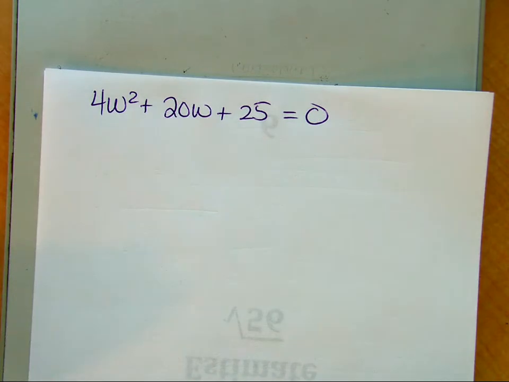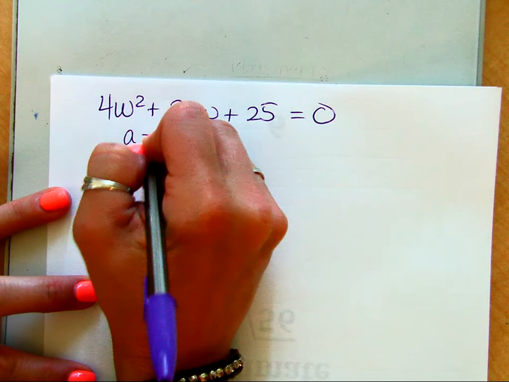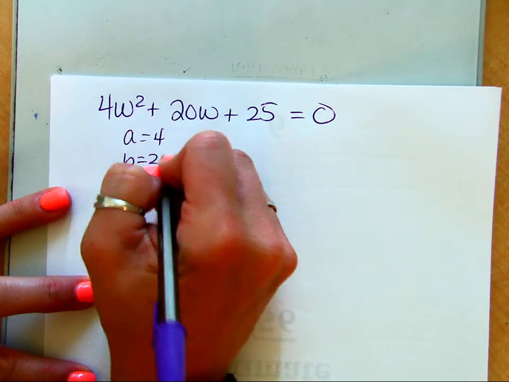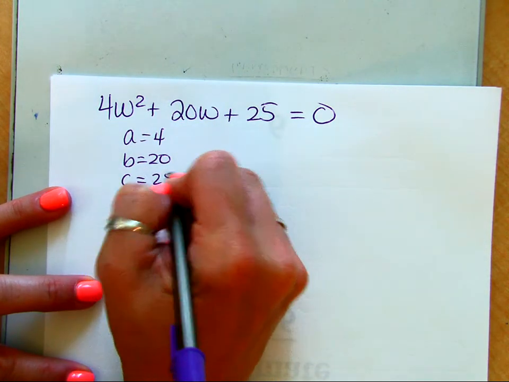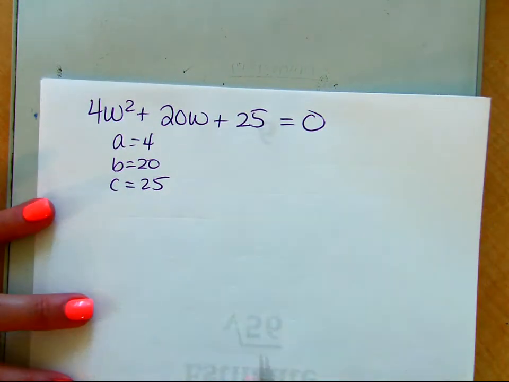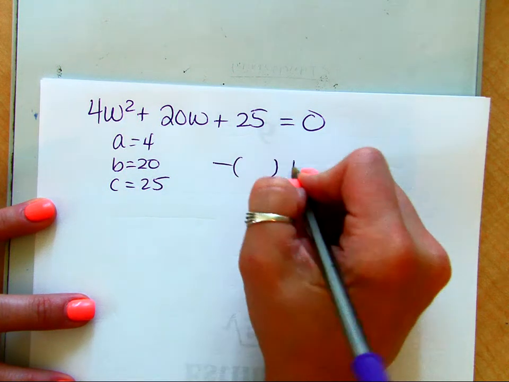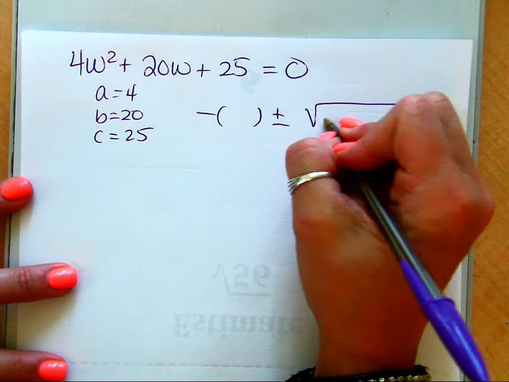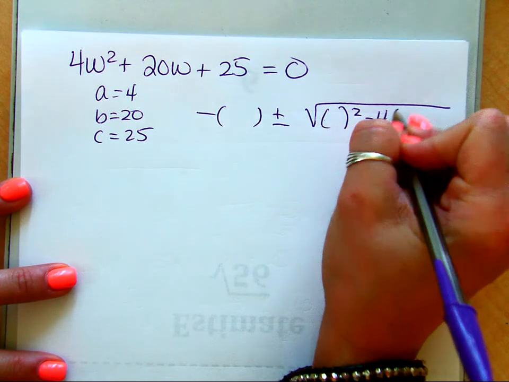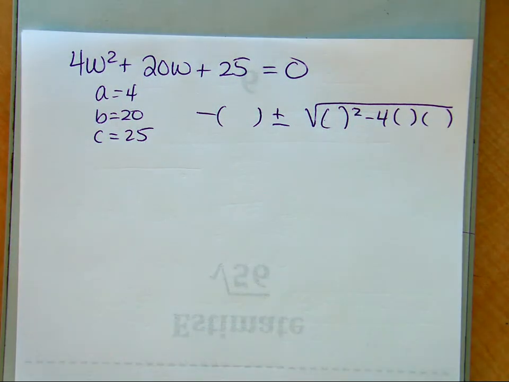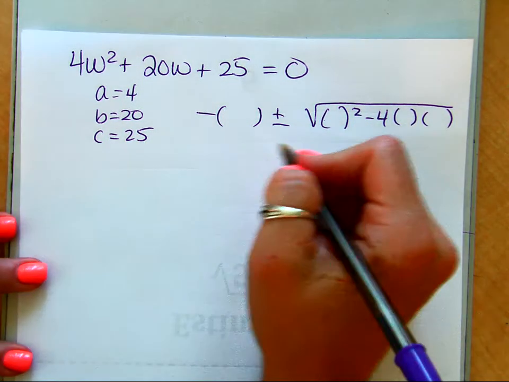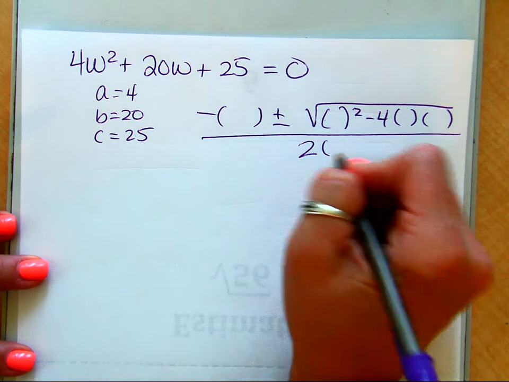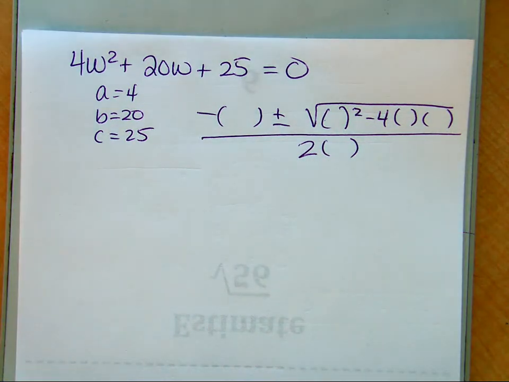Here we go. It's already in standard form. It already equals 0. My A is 4, my B is 20, my C is 25. Ready? This is the hardest part, figuring out if you have it written correctly. The opposite of B, plus or minus the square root of B squared minus 4 times A times C, all of that divided by 2 times A. All right, fill it in.